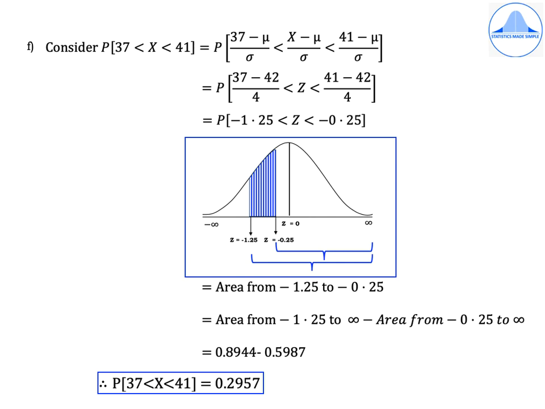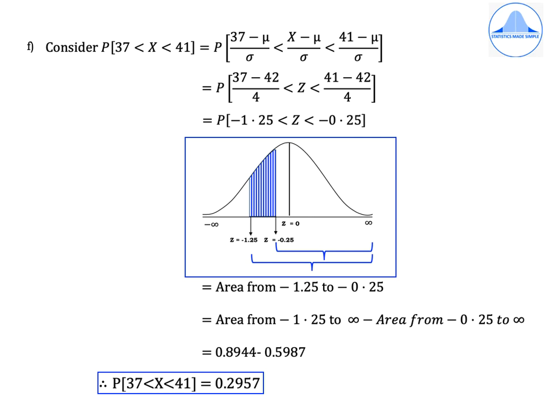So let us standardize. So you'll get equal to probability of (37 minus mu)/sigma is less than (x minus mu)/sigma, which is less than (41 minus mu)/sigma. So substitute for mu and sigma as 42 and 4 and (x minus mu)/sigma as z and simplify.